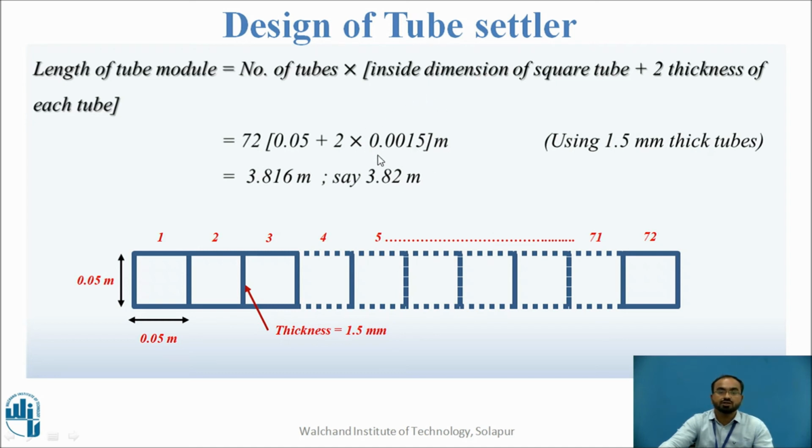What is this 0.0015? As it is in meter, in mm it will be 1.5 mm thickness. So this is the thickness of the tube. By multiplying it, I will get 3.82 meters.